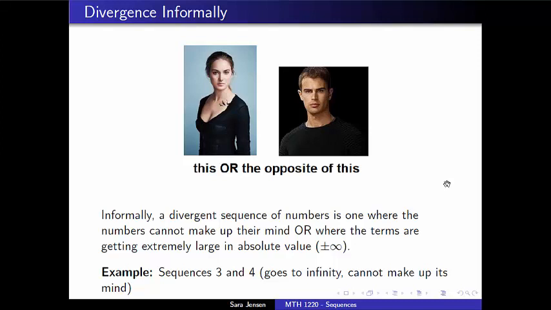In fact, it was just like the peaks and the valleys of a sine curve, something that oscillates but never settles down. And that sequence was divergent in this other sense. I cannot decide if I want to be 1 or if I want to be negative 1, and since I cannot make up my mind and just trend towards one thing, I am a divergent sequence.